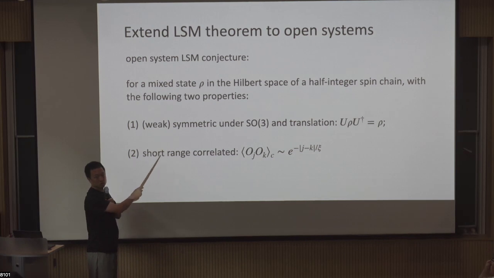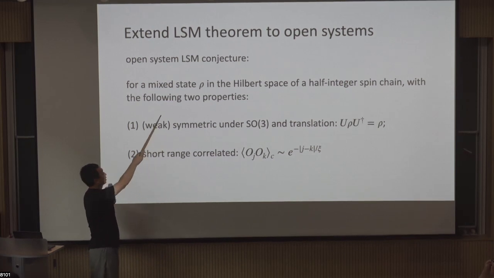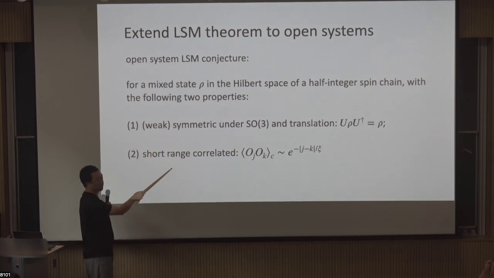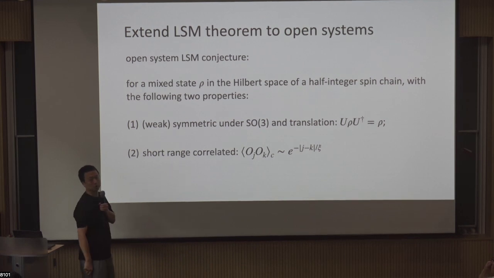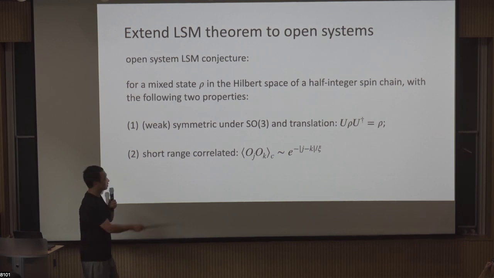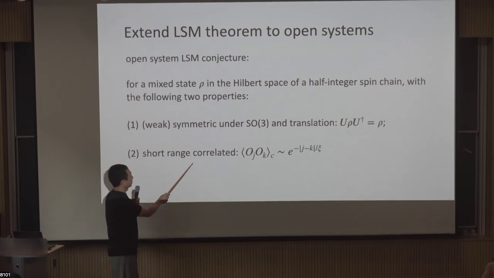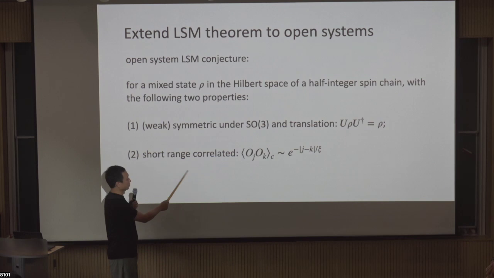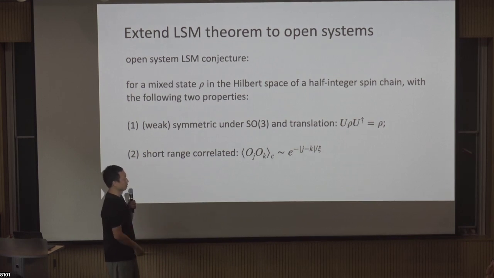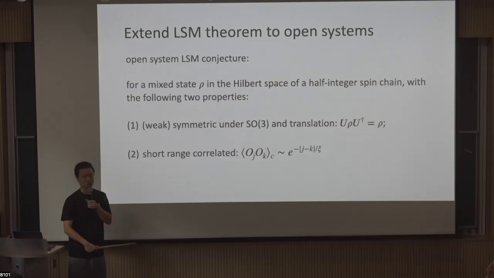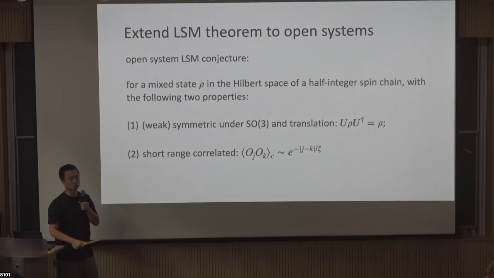But for a pure state with symmetry and the spin-1/2 representation, I will have, say, power-law correlation according to the original LSM. So the motivation of the second condition is to impose that my state is actually meaningfully entangled with the environment, so you decohere that kind of quasi-long-range order.